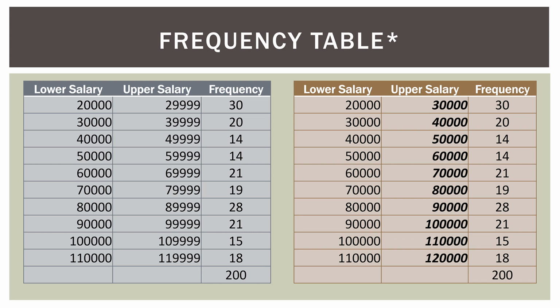This is strictly for demonstration purposes only, because it makes the rest of the video a bit easier to understand, and honestly, it doesn't really affect the math that we're going to do in a second. But what it does mean is that, just so we are clear, a salary of $30,000 will go in the second row. A salary of exactly $40,000 would go in the third row. So we're just changing that upper salary range to make the math a little bit easier to do in a second.